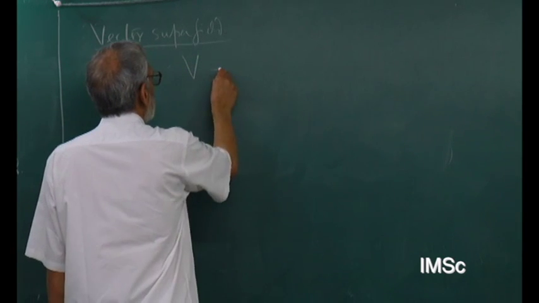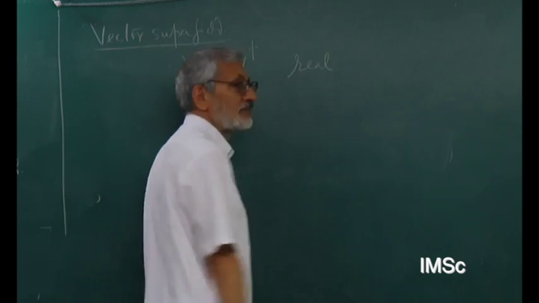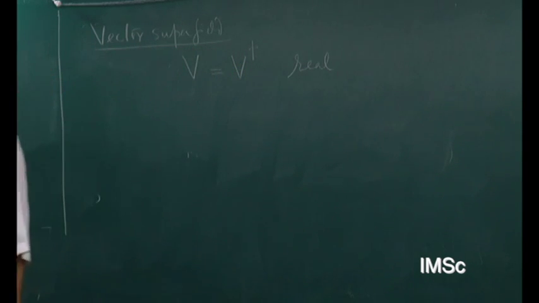A vector superfield, give it a symbol V, is one that is real. At the early stages of the discussion of superfields, I wrote an expansion of a general superfield in 4 dimensions in terms of various component fields as coefficients of the theta-less term, theta, theta bar, thetas, and theta bars, and so on, up to the term with 2 thetas and 2 theta bars.